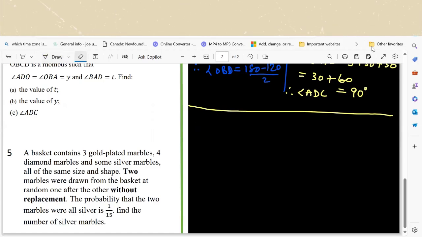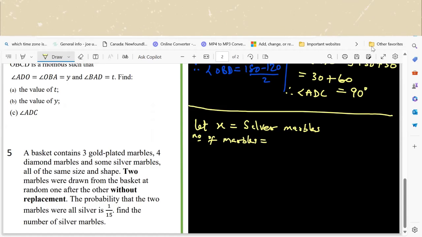Let the unknown, let S equal silver marbles. So now number of marbles will give us 3 plus 4 plus S. That will give us S plus 7.